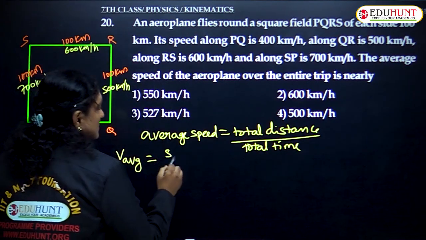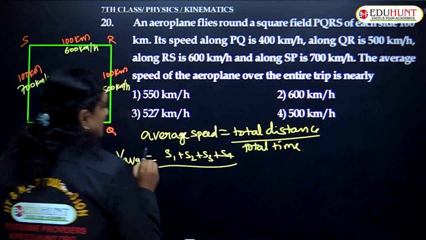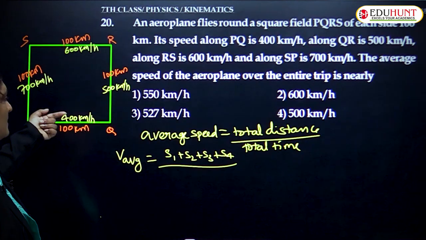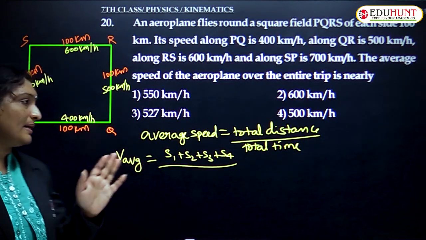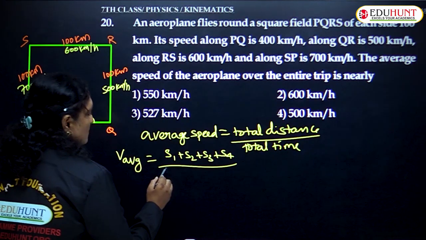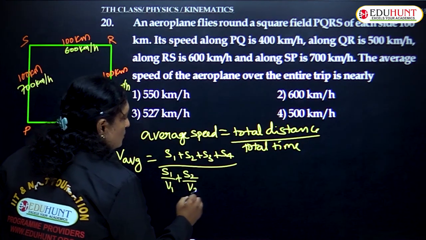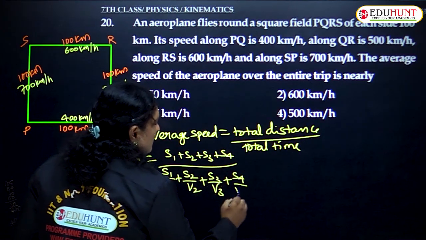So we can consider it as S1 plus S2 plus S3 plus S4 upon total time T1 plus T2 plus T3 plus T4. Speed equals distance by time, time equals distance by speed. This is S1 by V1 plus S2 by V2 plus S3 by V3 plus S4 by V4.